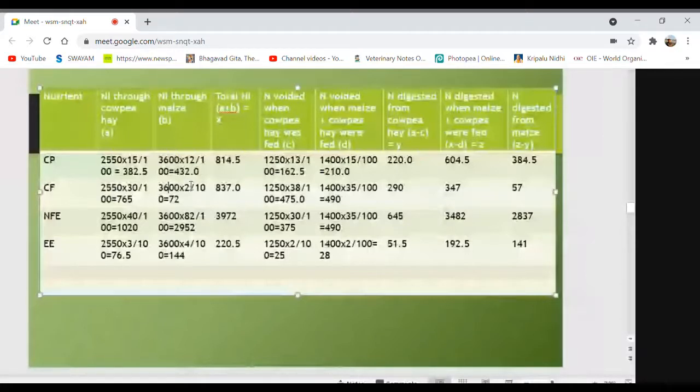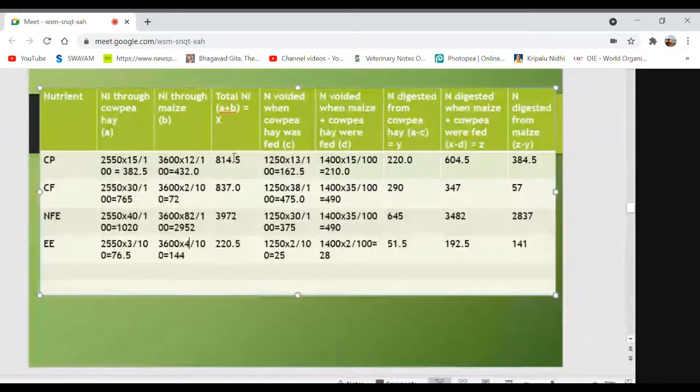Since we need nutrient intake minus nutrient outgo divided by nutrient intake into 100, that will give the digestibility coefficient of a particular nutrient. So for that particular calculation, actually we are calculating like this since we are interested in maize.